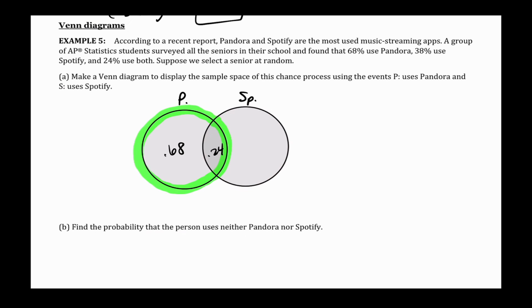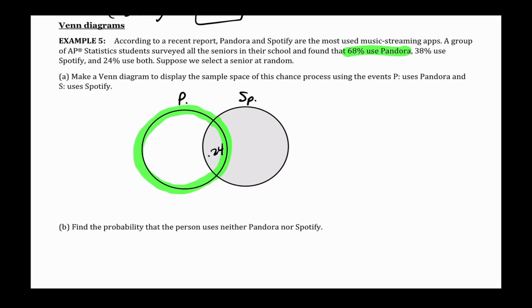How much should be in that whole circle? 68%, that's it. Right now, I have 68 plus 24. That's over 68. That's not correct because it's not 68 plus 24. It's only 68. So this number here needs to be changed.